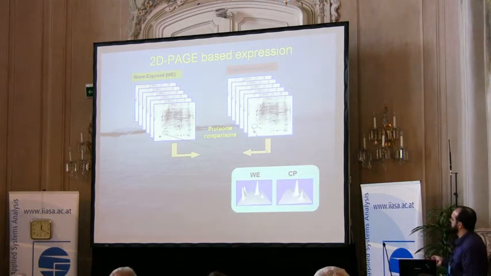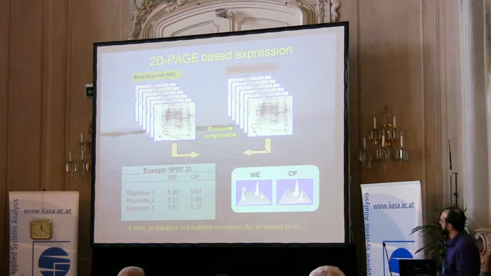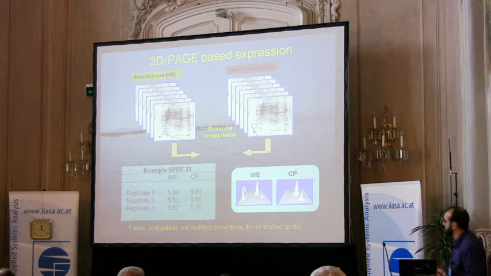Then it's possible to scan the different spots and compare them after some special normalization approaches. You get a new variable which can be used like a classical variable in classical ANOVA methods, as well as multi-test corrections.